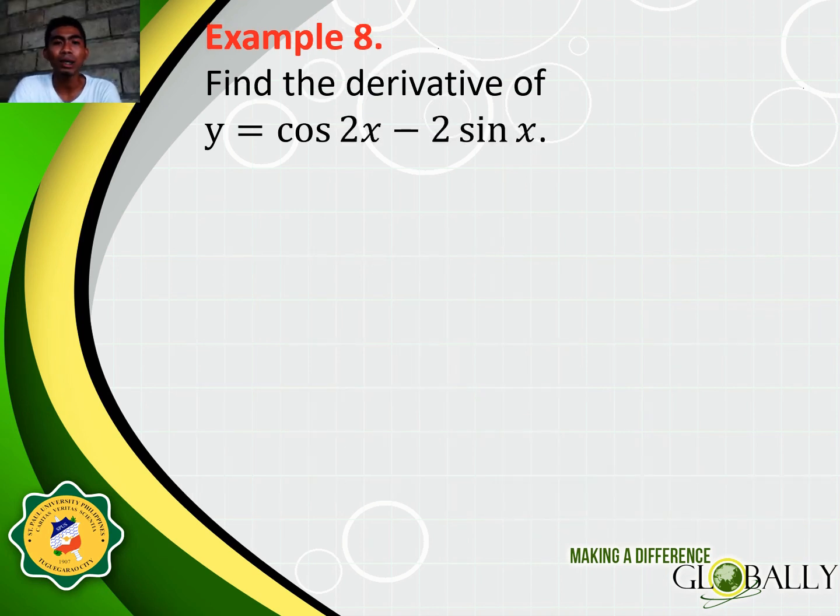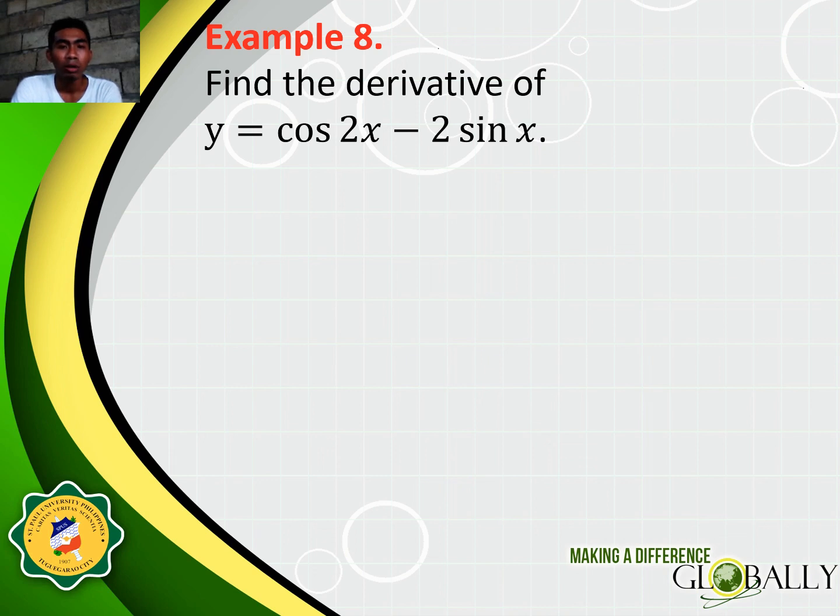Now, let's proceed to our last example. Find the derivative of y equals cosine 2x minus 2 sine x. As you can see, cosine 2x is actually a composite function.